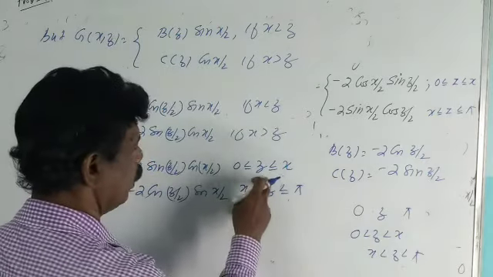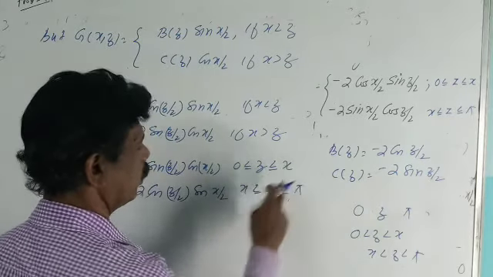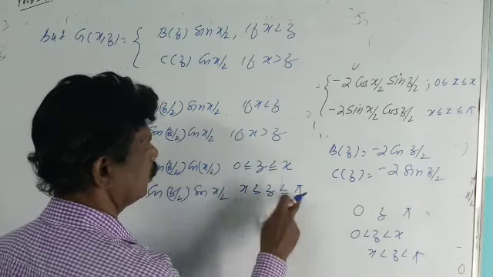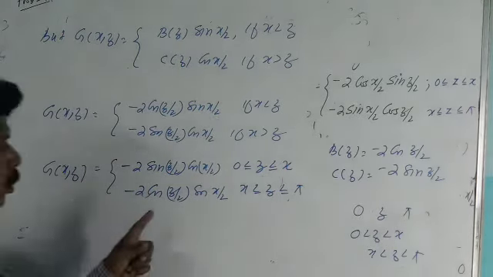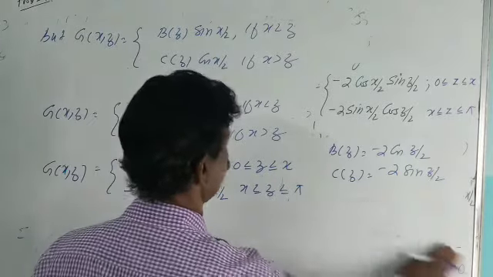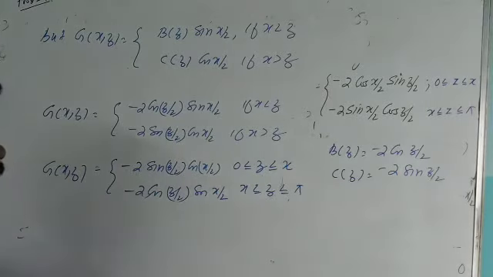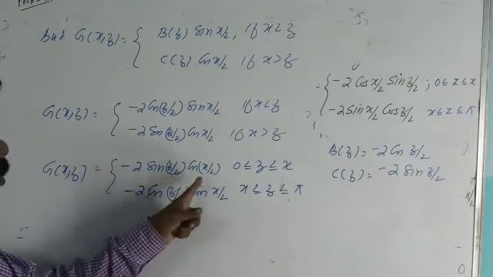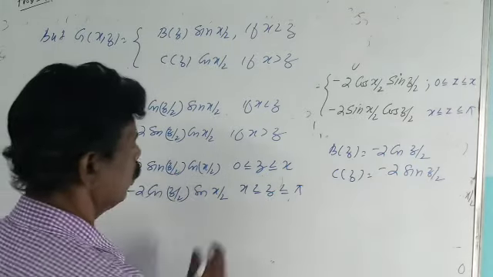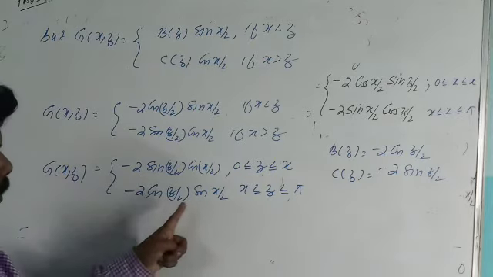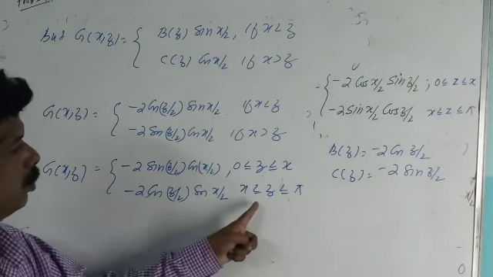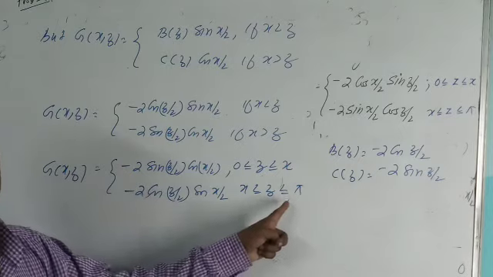That means 0 less than or equal to z less than or equal to x and x less than or equal to z less than or equal to pi. Okay, so we can write g of x is equal to minus 2 sin z by 2 cos x by 2, 0 less than or equal to z less than or equal to x, and minus 2 cos z by 2 sin x by 2, x less than or equal to z less than or equal to pi.